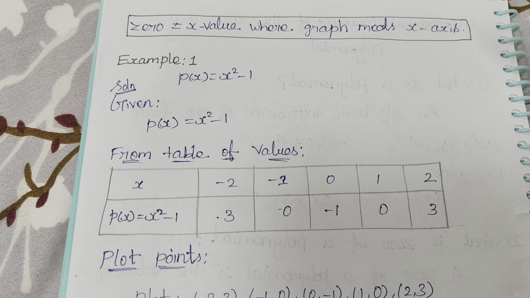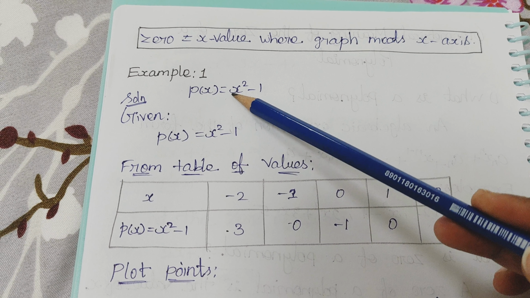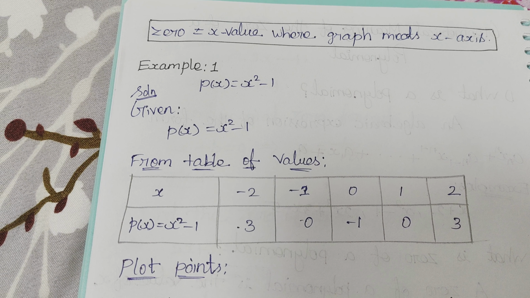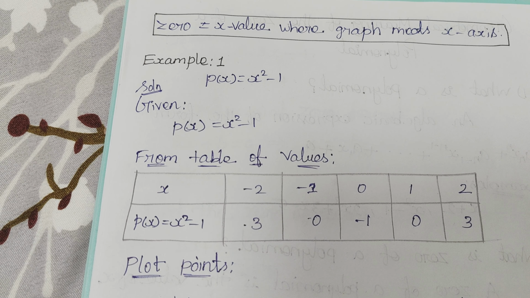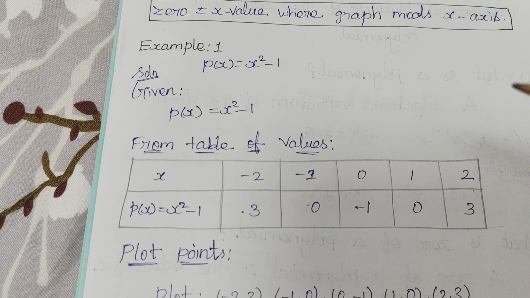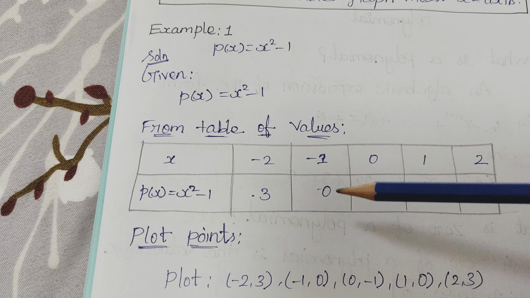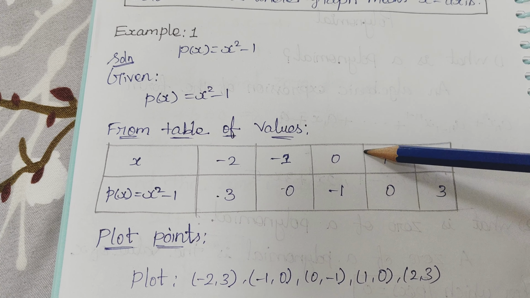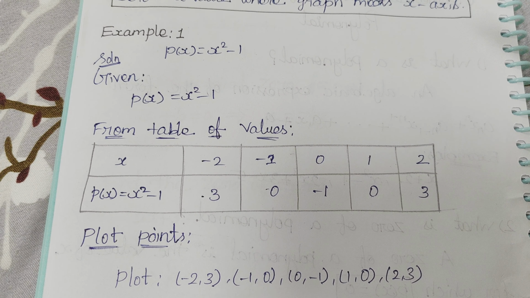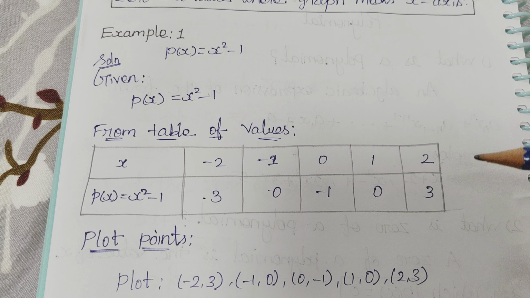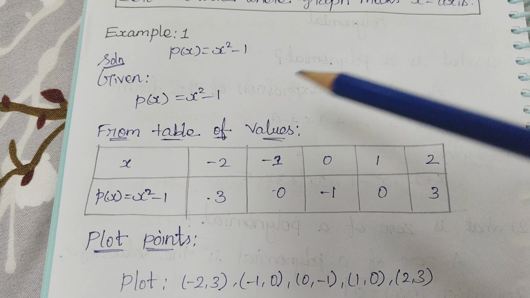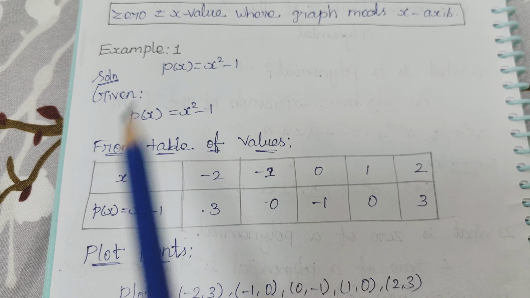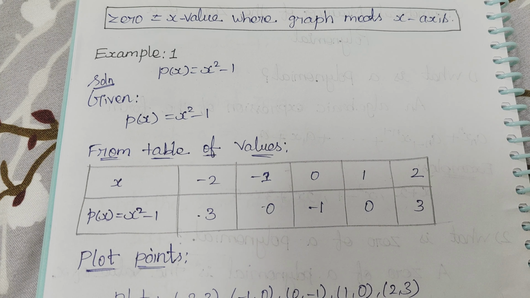First, consider the polynomial p of x equal to x squared minus 1. First we form a table of values. Let us take some values like minus 2, minus 1, 0, 1, 2. Now we substitute these values into the polynomial.